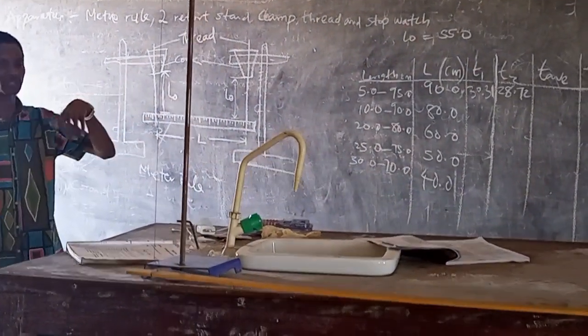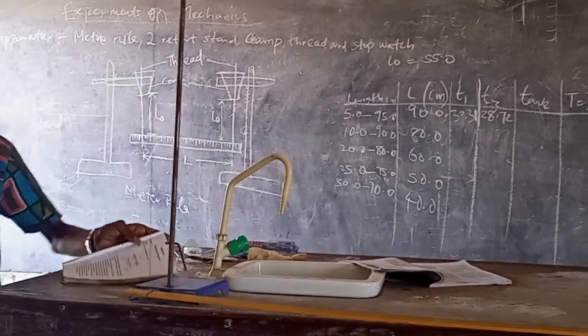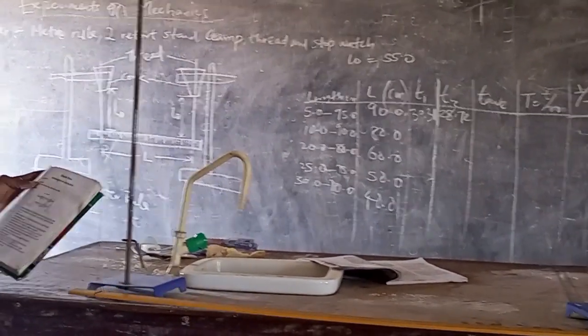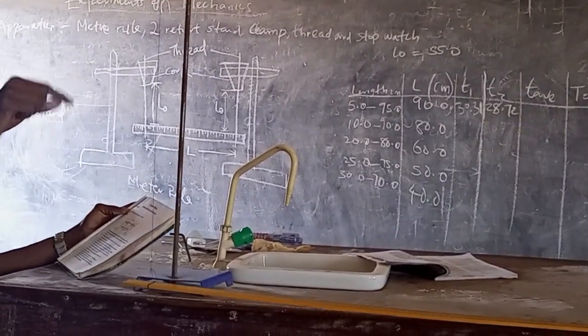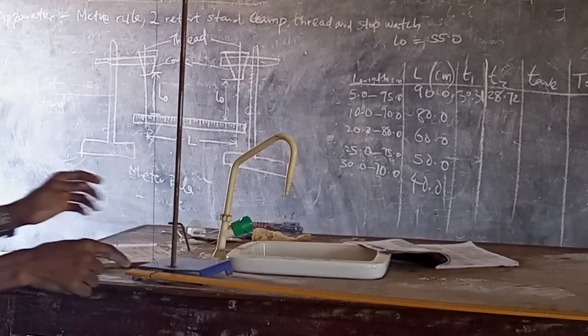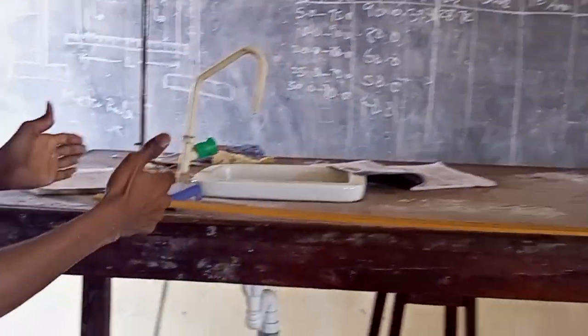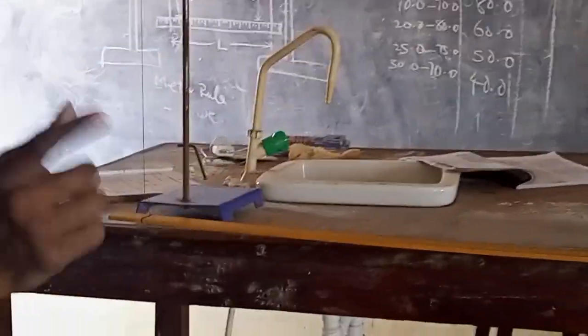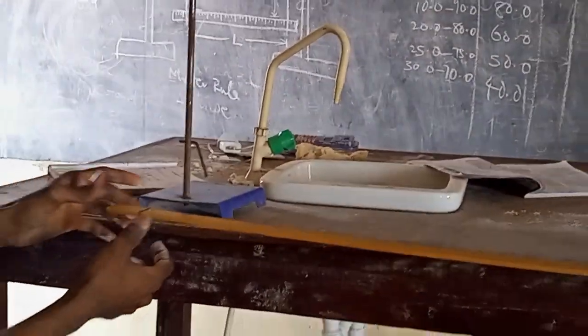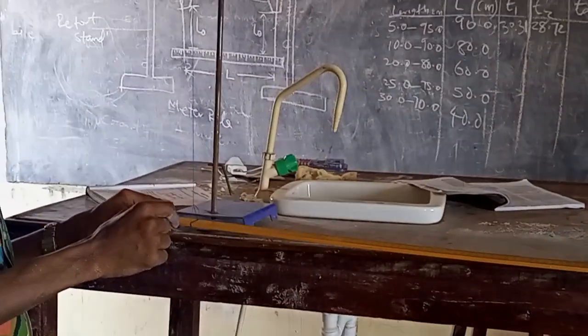From the question given to us, it says adjust the meter rule and supports so that the loops of the thread are at 5 centimeter and 95 centimeter. That means you set your apparatus as shown in the diagram given to you. After setting it, check the loops.